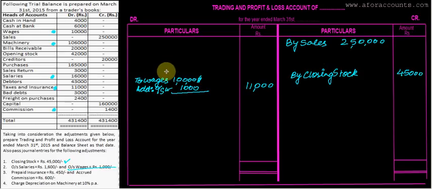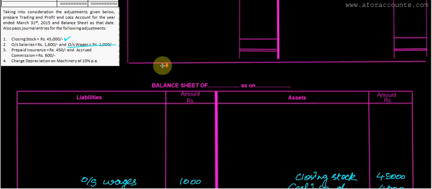Machinery 1,06,000, and I have an adjustment relating to machinery, so write it in the inner column of assets, machinery 1,06,000. What is the adjustment entry for machinery? Charge depreciation on machinery at the rate 10%.